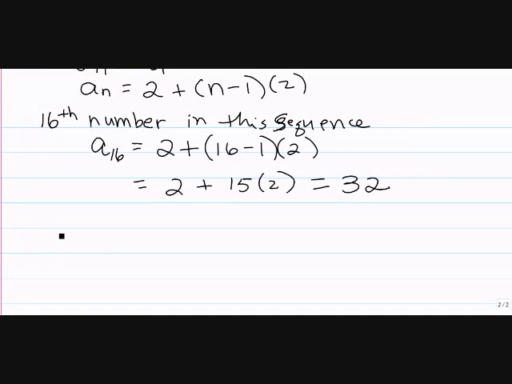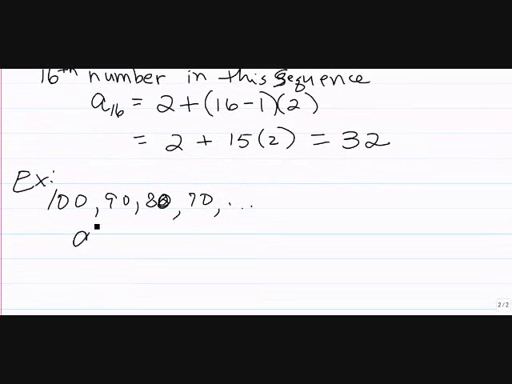Let's do the sequence 100, 90, 80, 70. My common difference is I'm subtracting 10 each time. That's like adding negative 10. So my common difference is negative 10. The first number in my sequence is 100.